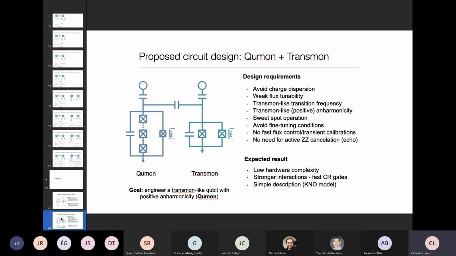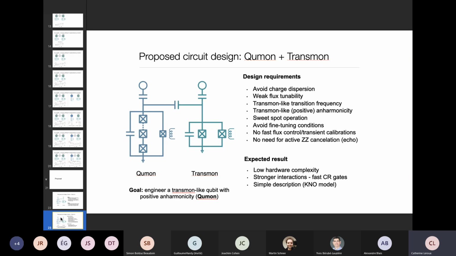We also want to prevent the need for fast controls, and we also want to work at what we call a sweet spot, but essentially we don't want to induce noise in our circuit. And we basically want to prevent the need to have active schemes to suppress the ZZ. And also, more importantly, our design doesn't require a very strong complexity, it doesn't have a lot of complexity.